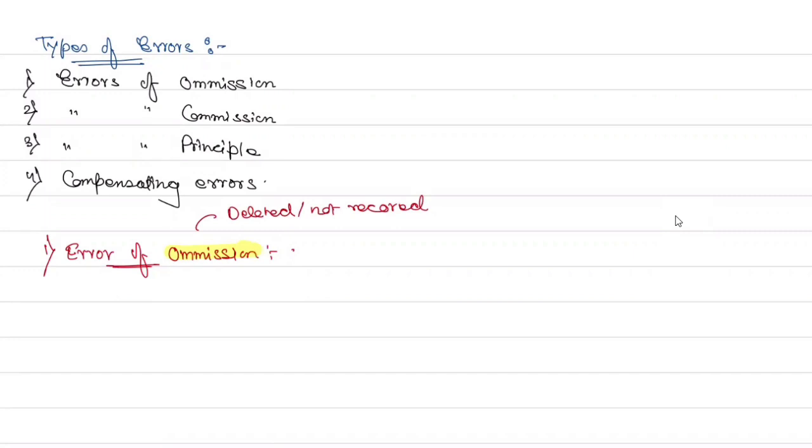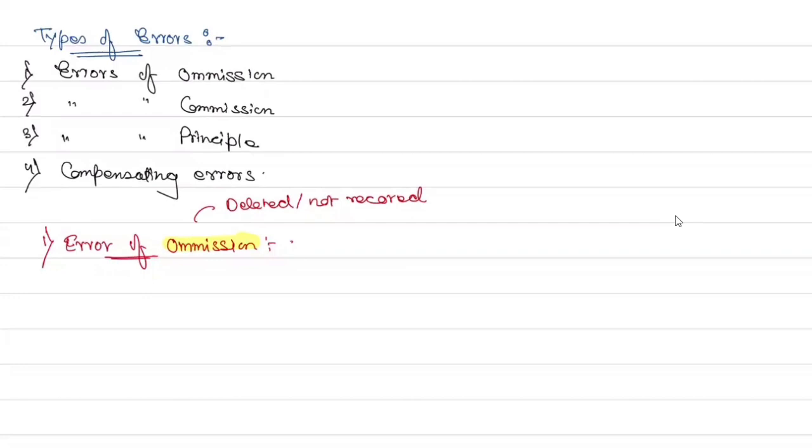So what can you understand by the name? It is a kind of error which happens due to omission. That means the entry has not been recorded, either wholly or partly. A transaction is omitted to be recorded. This is what error of omission is all about.